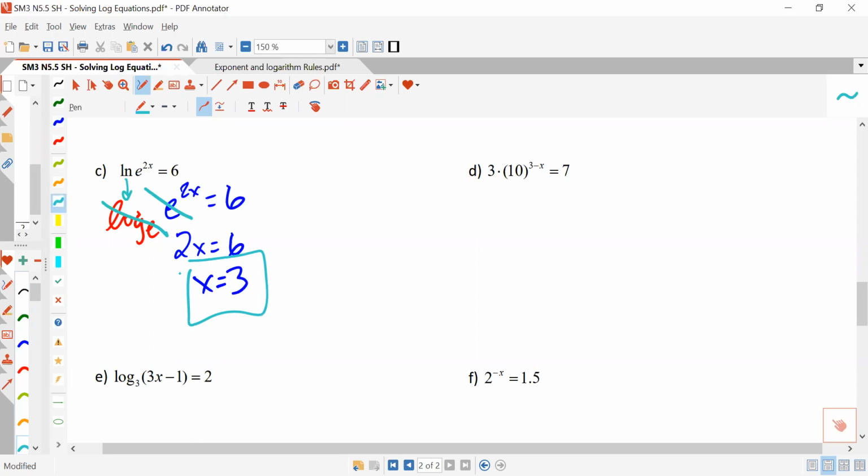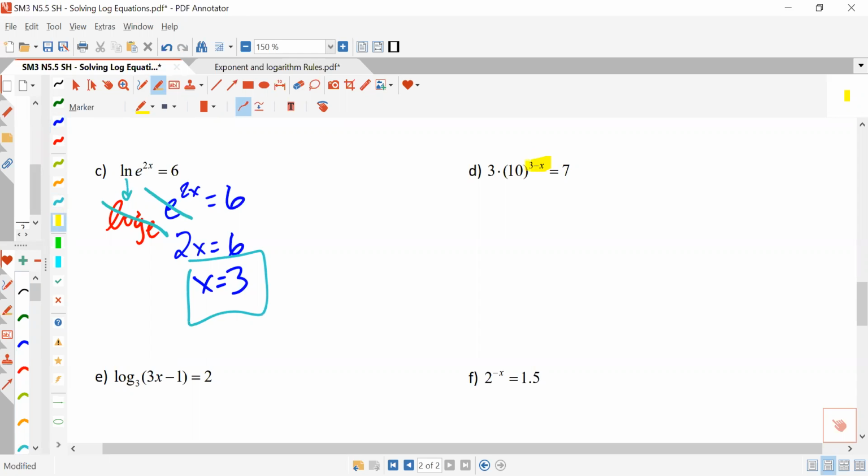Okay, on D. Okay, I saw a couple people do this. Do not multiply 3 into the 10. You cannot do that because there is an exponent on there. So multiplication, guys, is lower level than exponents.